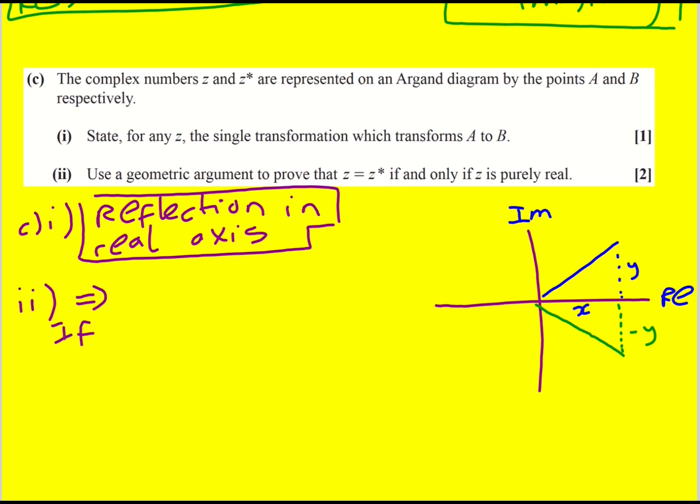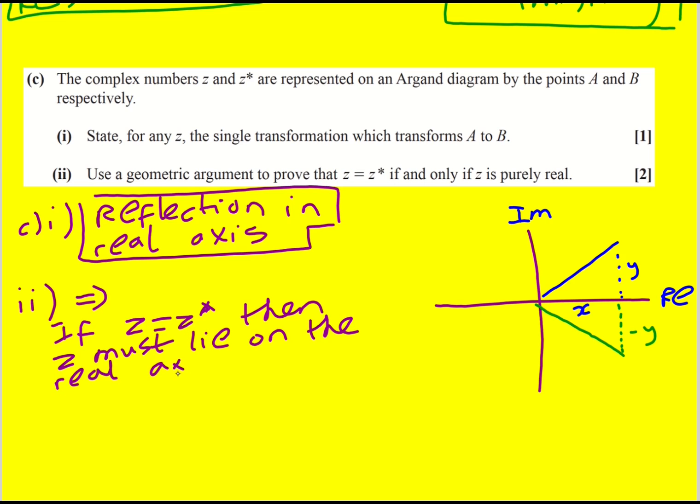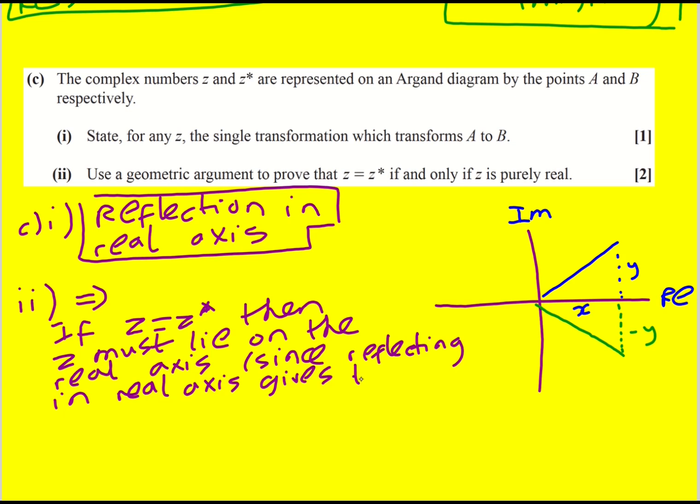So if z equals z star, then z must lie on the real axis, since reflecting in the real axis gives the same point. And this implies that z is purely real.